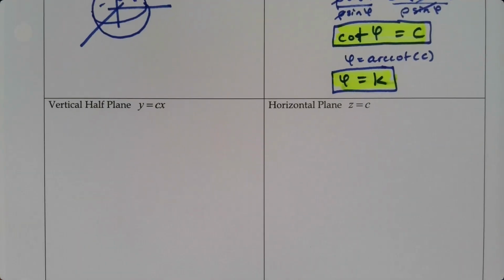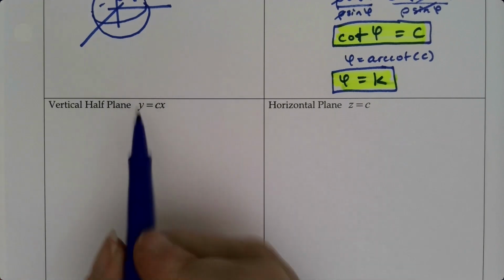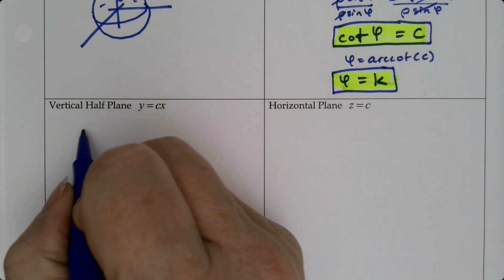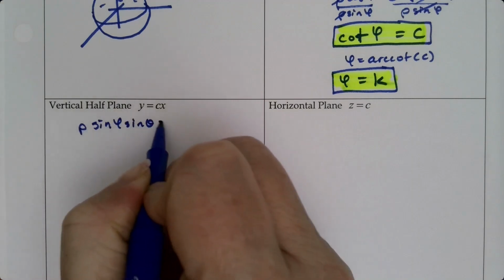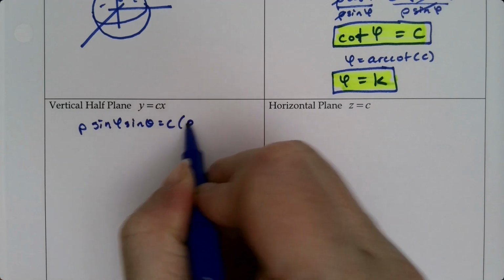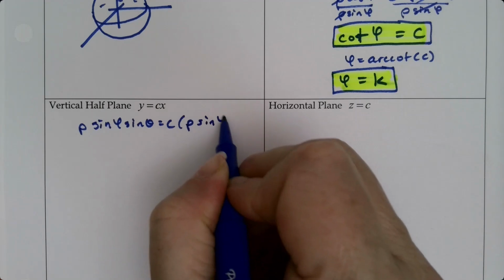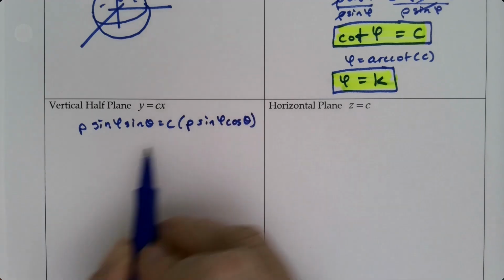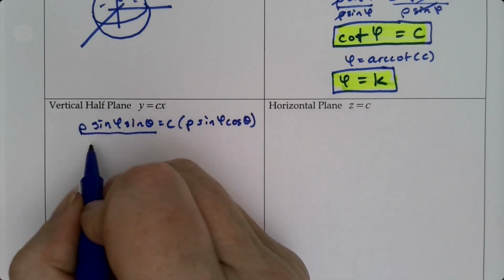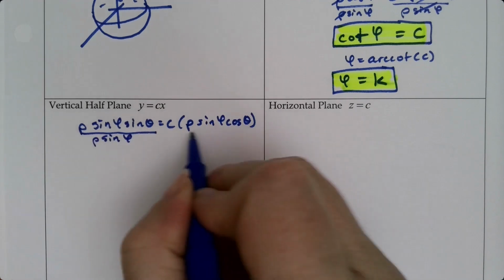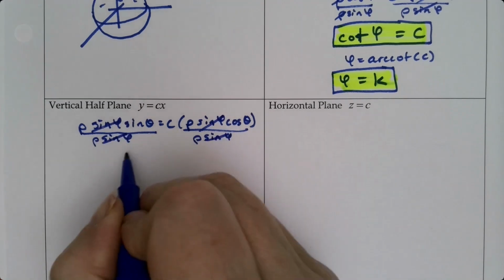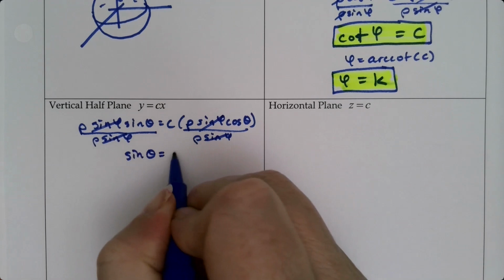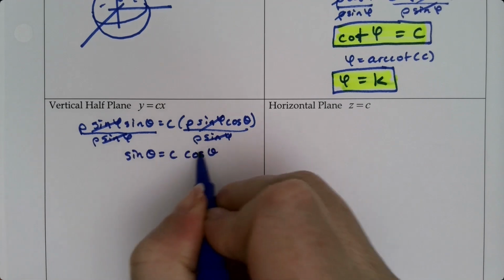All right, next, what about a vertical half plane? Okay, so if y was equal to some constant times x, y is rho sine phi sine theta equals a constant times rho sine phi cosine theta. If we divide everything by rho sine phi, because they both have it in common, it would cancel and leave me with sine of theta equals a constant times the cosine of theta.